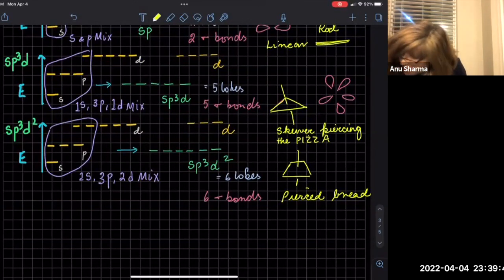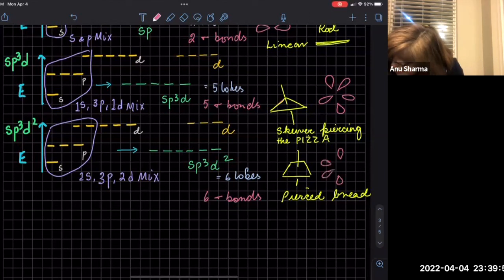So that's the shape of an octahedral. Octahedral is where you make these lobes on all four sides, and then the top and bottom. So you should be drawing it like this. So this is the octahedral shape.